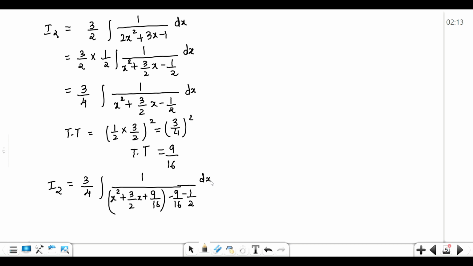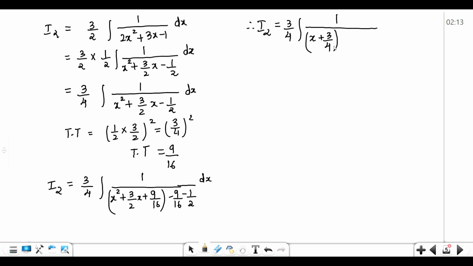Then I2 will be equal to 3 by 4 integration 1 upon, take the square root of x square, square root of x square is x, and the square root of 9 by 16 is 3 by 4. Take the sign of the middle term which is plus and put a square here.